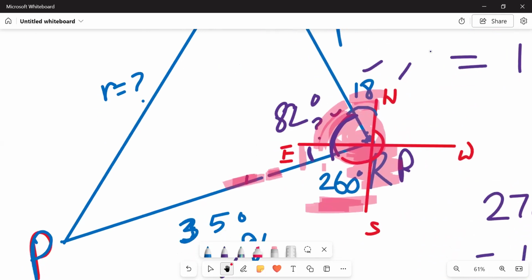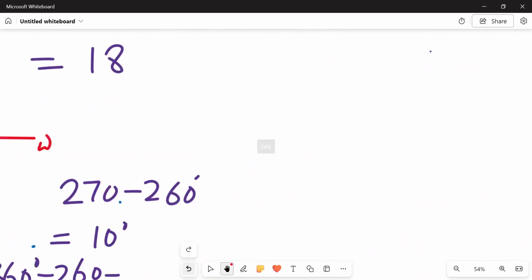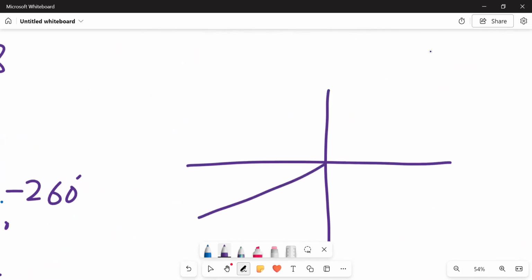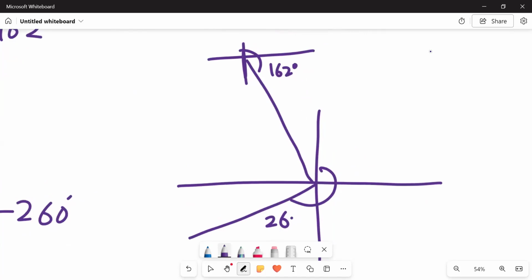Okay, look here. This is a line that has a 260 angle, okay? And this is another line, and here its angle is 162, okay? If we take the complete line angle, it is 180, right?